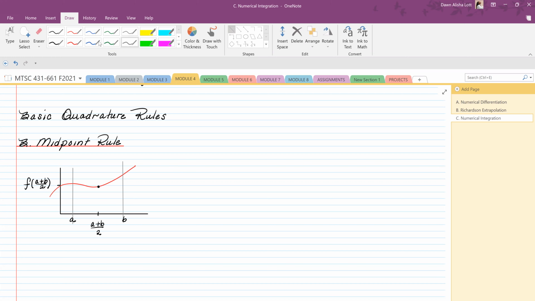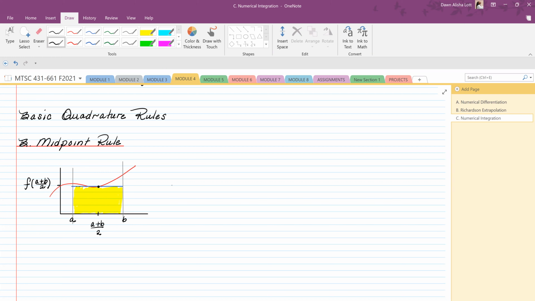Draw a line of that exact height, and say, this is going to approximate the area. So I'm just going to take the midpoint of the interval as such.